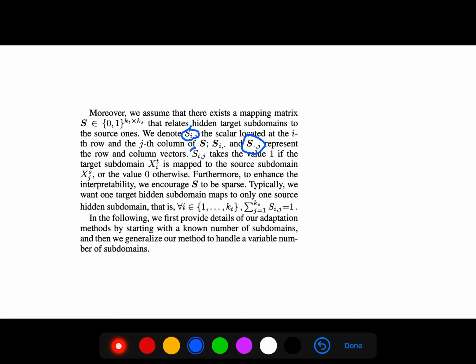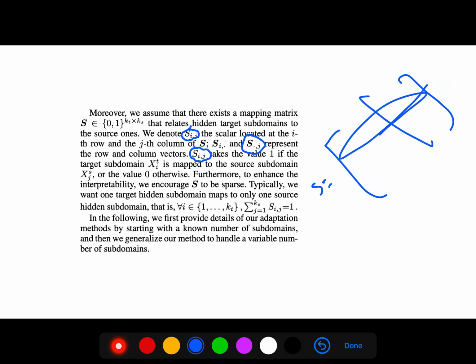So S sub ij takes the value 1 if the target subdomain is mapped to the source subdomain. So this is S, we have rows and columns, and for example, if it is 1, it means that this source subdomain is mapped to this target subdomain. So we can identify that.